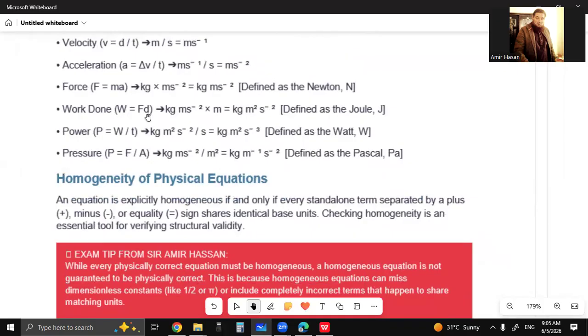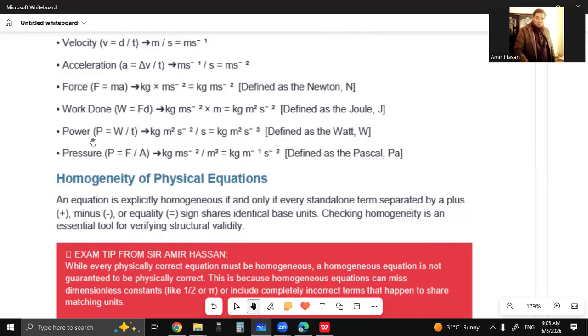Force times distance can represent it. Force is also derived, and we can represent it by base quantities. Distance is also a length. It is a base quantity. We can represent these all units as a joule, and kilogram meter per second squared is also represented by newton.